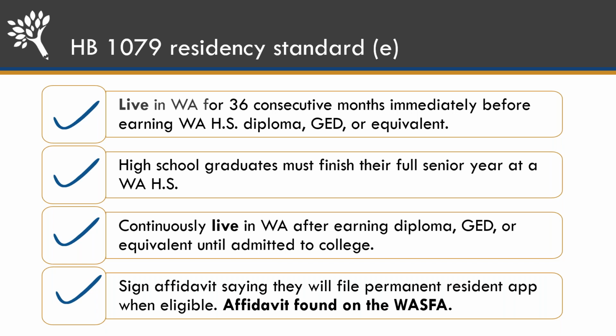If the student was a high school graduate, they have to finish their full senior year at a Washington high school. They have to continuously live here after earning their diploma or equivalent until they go to college. And the 4th piece is they sign an affidavit, which is part of the WASFA. Gabi talked a little bit about the affidavit, and I'm going to talk a little bit more about it.